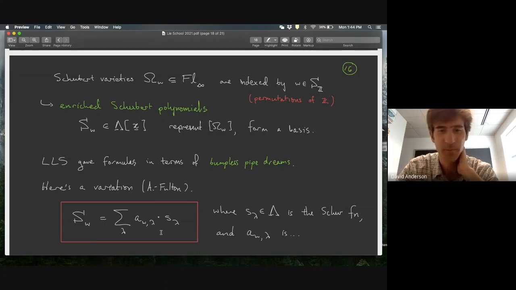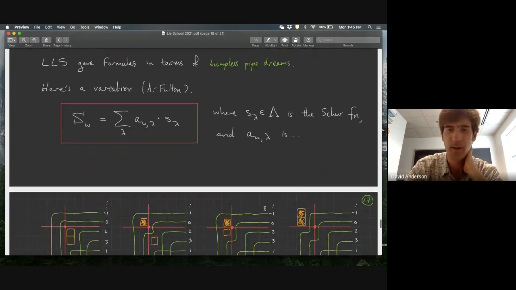Here's the formula. You want to express one of these enriched Schubert polynomials as a sum of coefficients multiplying Schur polynomials, because we know they form a basis for lambda. The trick is to say what this coefficient is, and I'll give it to you by example.